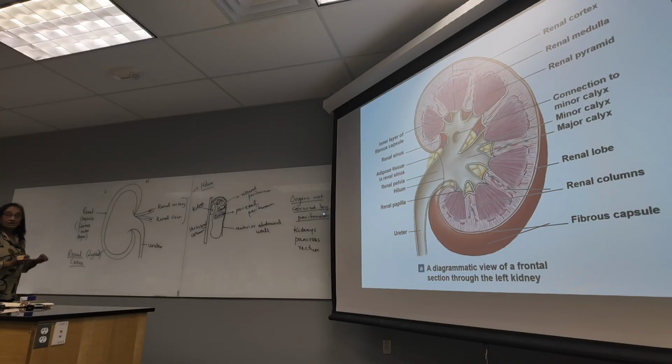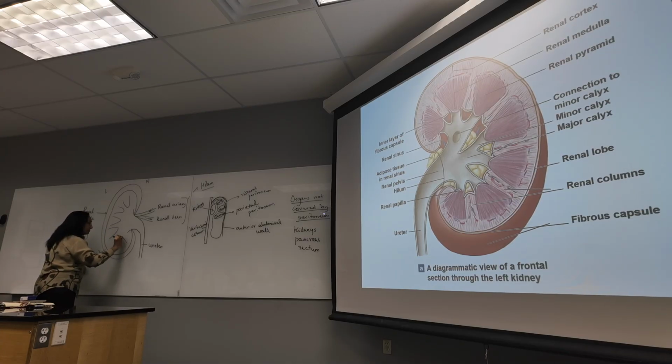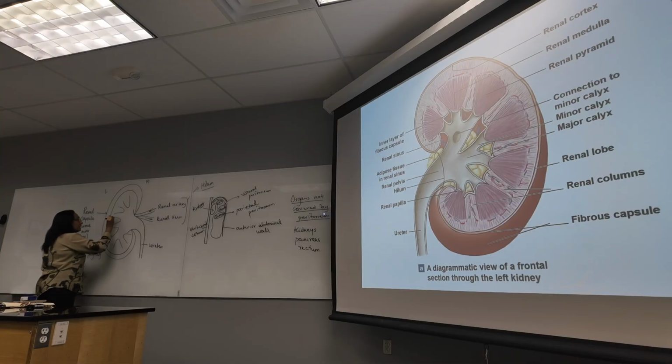It's darker simply because you're going to see some triangular shaped structures, about 7 to 8 in each kidney. You're going to see these triangular structures, and these are darker in color.